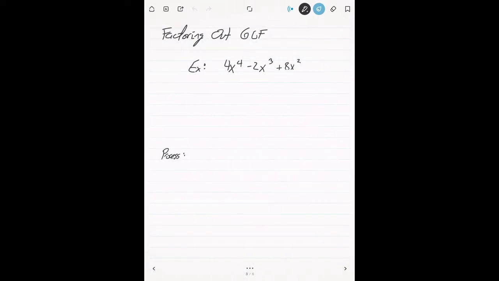Now, we want to also make sure that we're able to deal with the GCF when it comes to polynomials. Notice in this expression, I have 1, 2, 3 separate terms here. I have a trinomial. What we want to do is decide, well, what two things multiplied together to get us this trinomial?